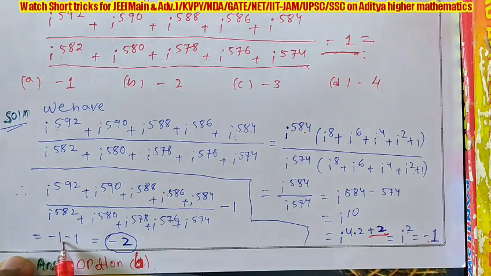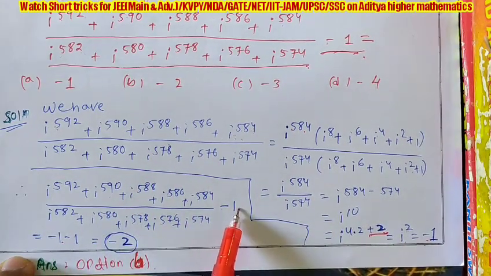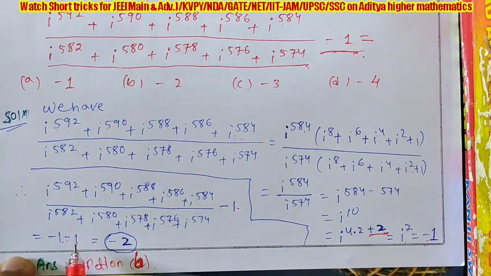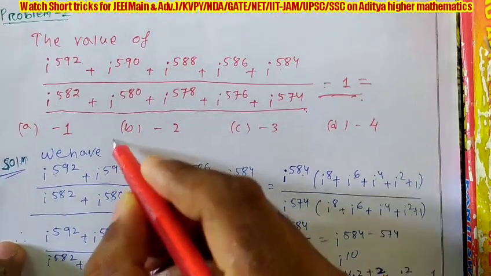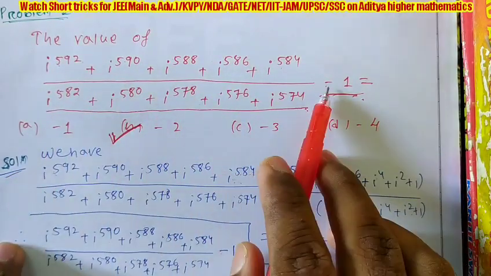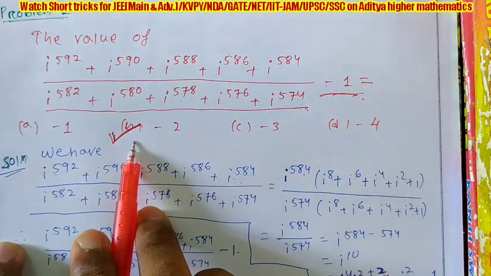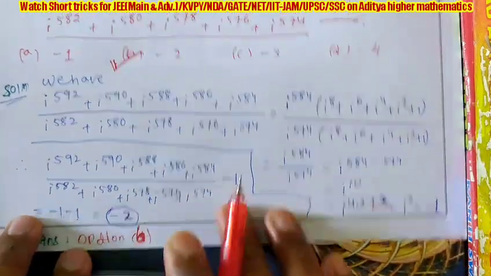Already you calculated its value as minus 1, and again minus 1 is there. So minus 1 minus 1, the answer is minus 2. Now you see in which option it is given: Option B. So option B is the correct answer.